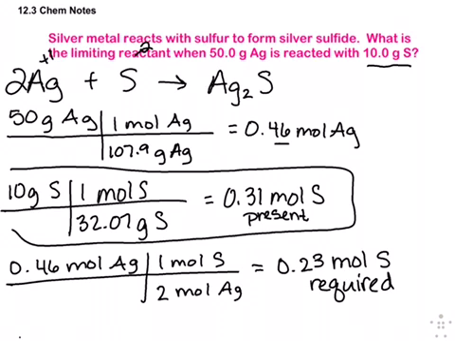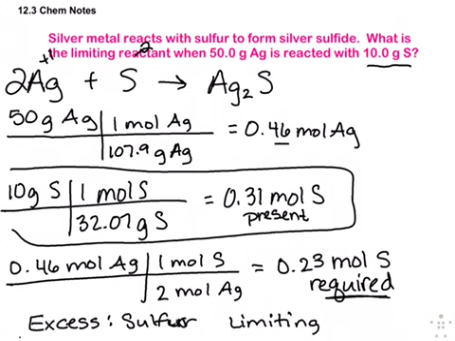You have 0.31 moles present, and 0.23 moles of sulfur are required. So we have excess sulfur, correct? So your excess is going to be sulfur, and then your limiting will be silver.